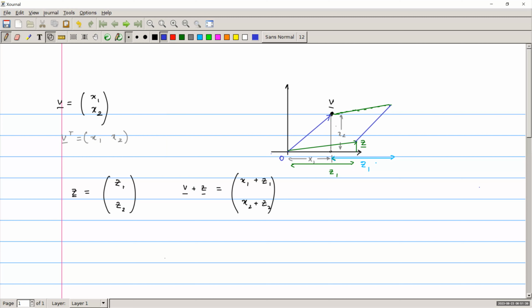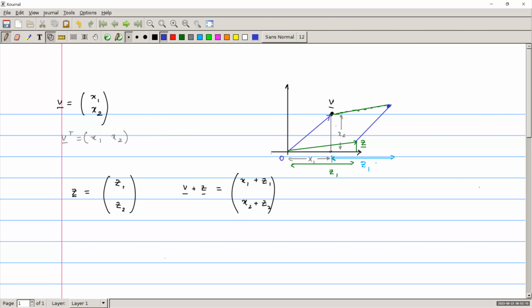Notice that the vertex of the parallelogram diagonally opposite to the origin, what is its x coordinate? Because we started this line from the tip of v, its x coordinate is simply x1 plus z1. The same thing happens with the y coordinate.